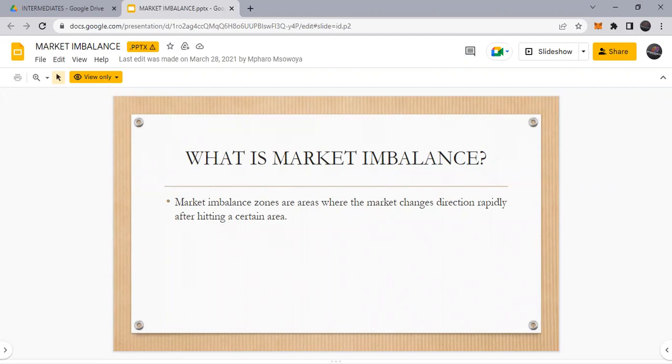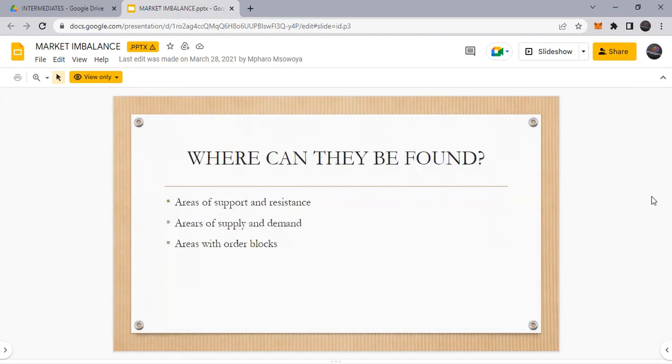Okay. So when we talk about market imbalance, we are looking at areas where the market changes direction rapidly after hitting a certain area. Where can these areas be found? Around support and resistance, supply and demand, and other blocks.